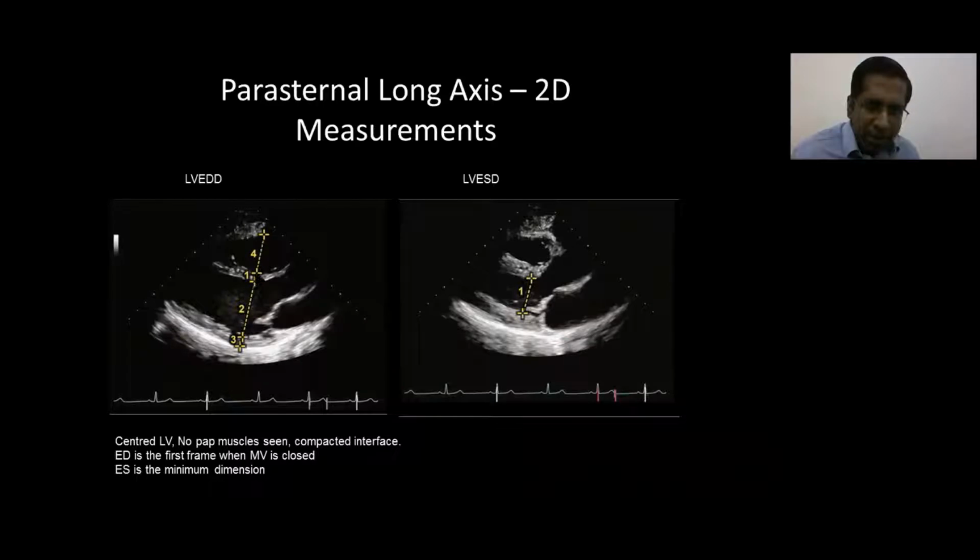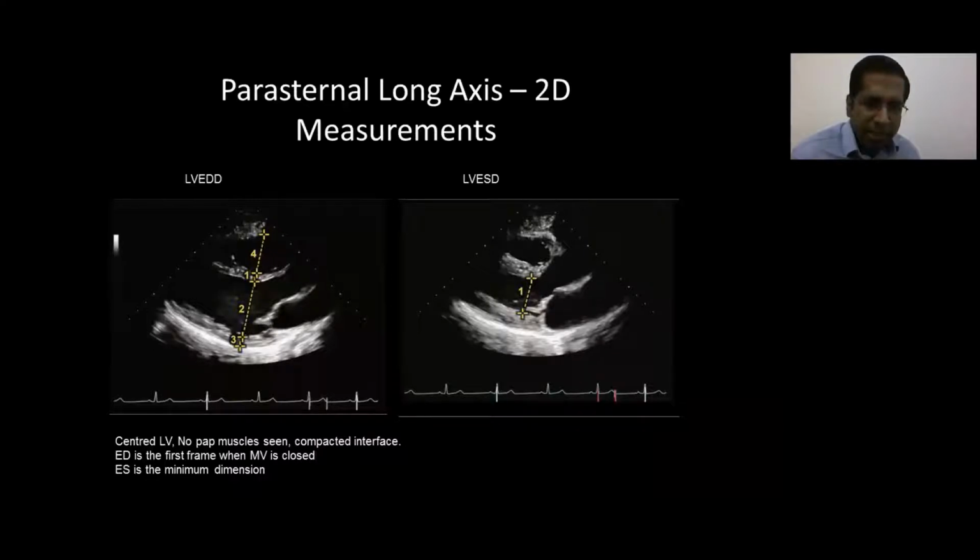This is how we measure at the blood tissue interface. You have the interventricular septum, the left ventricular internal diameter in diastole, and the posterior wall or the infralateral wall thickness that we measure in diastole. Again, the diastolic frame is when the mitral valve is just closed. The first frame when the mitral valve is closed is the end diastolic frame.